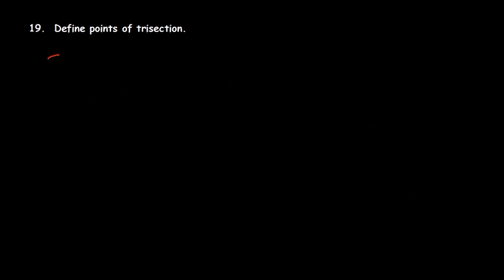define the point of trisection. The point of trisection means a line segment which is divided into 3 equal parts.